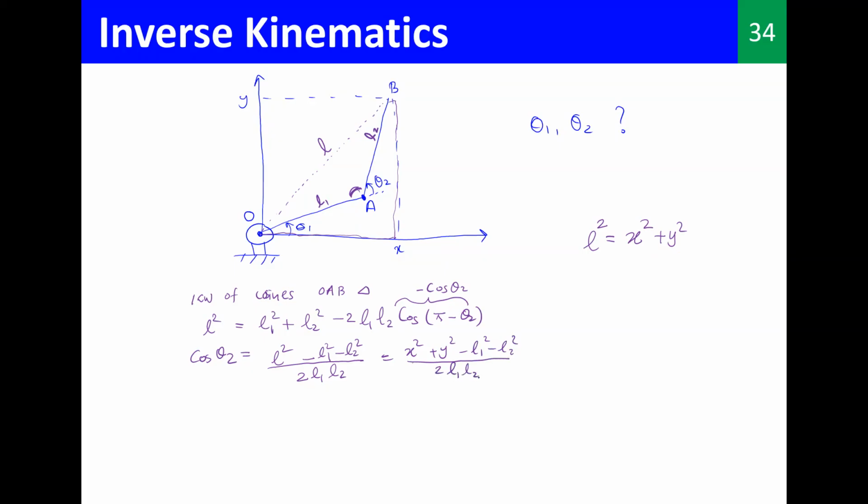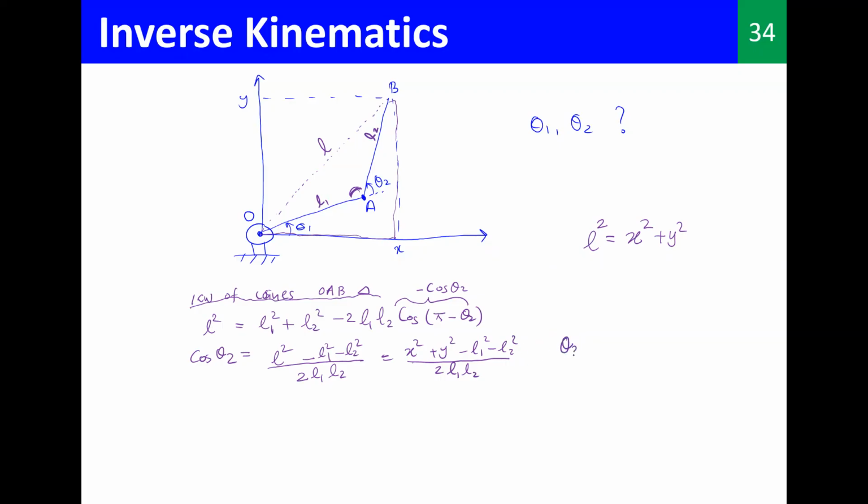Now I did this quickly because I already knew how to do it, but otherwise it would have taken you more time. Not like the forward kinematics where you just wrote x equals L1 cos theta 1 plus L2 cos theta 1 plus theta 2. The inverse problem is not straightforward most of the time, and it depends on the manipulator. There is no general way of doing it. For the manipulator, you have to think of all the geometrical relationships and come up with the answer.